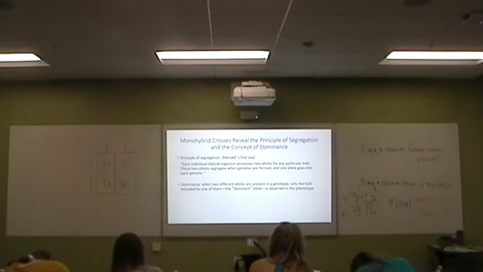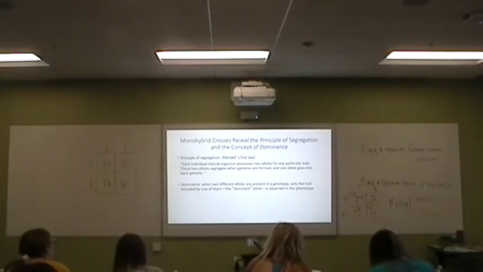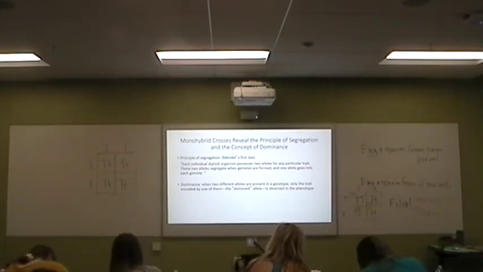And then I think I'll give the last 15 minutes to work on problems and ask questions. And then on Monday, we will go through dihybrid crosses and look at pedigrees.